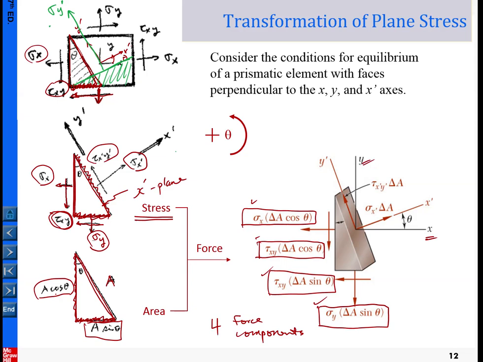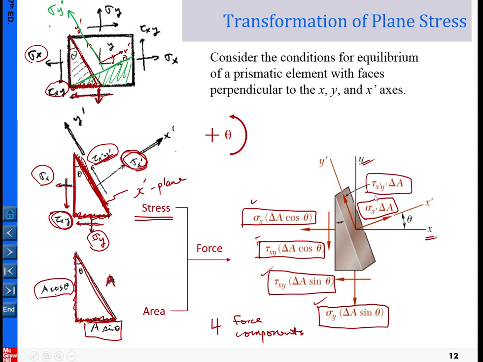And now we're going to find the stress sigma x prime acting on this plane. This plane has area A, so sigma x prime times A is the force, and tau x prime y prime times the area A is this force.